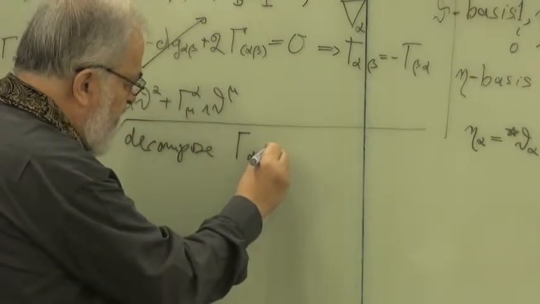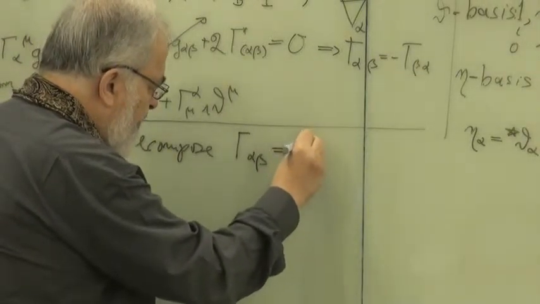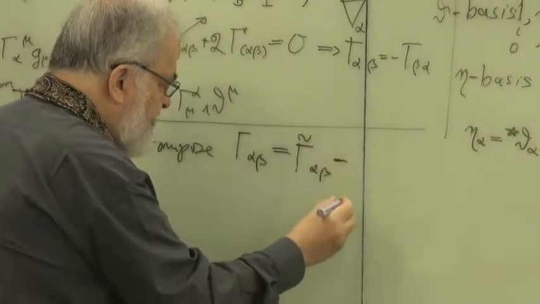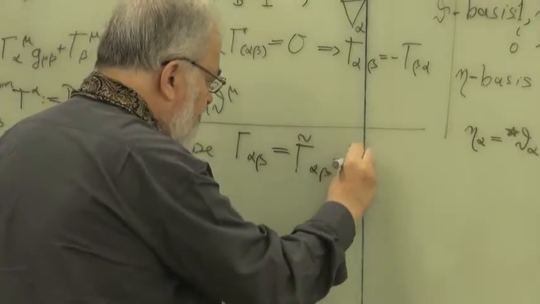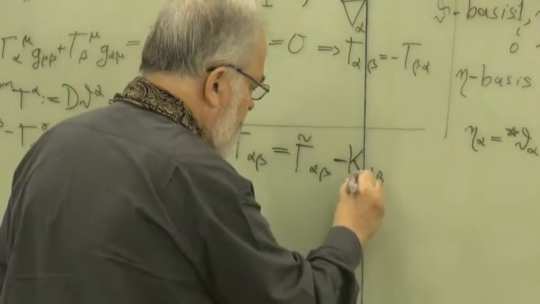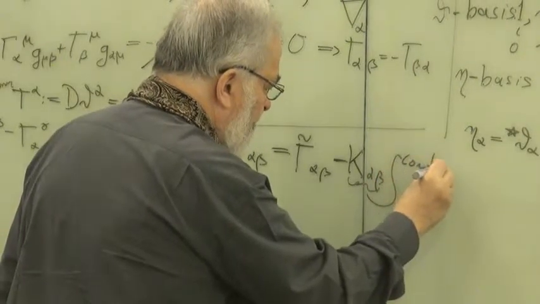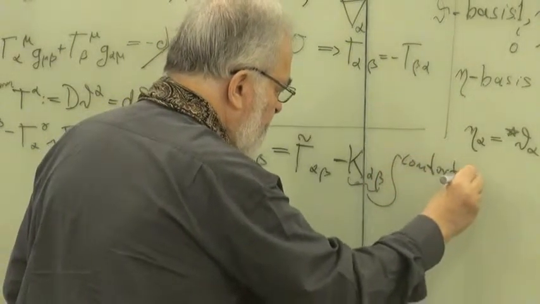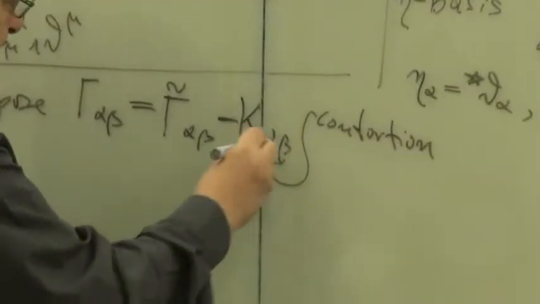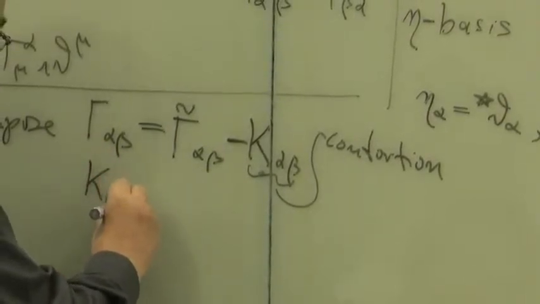So the connection can be decomposed into a Riemannian connection minus, this is conventional, K, which is called the contortion, K alpha beta. This is the contortion. And this contortion is anti-symmetric in alpha and beta.